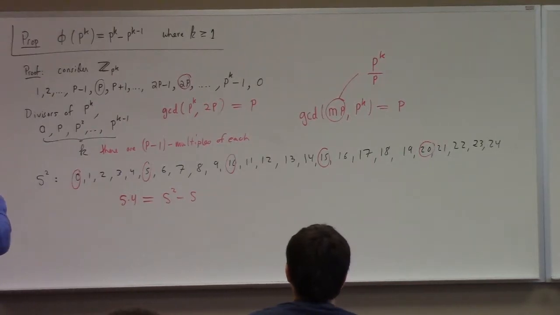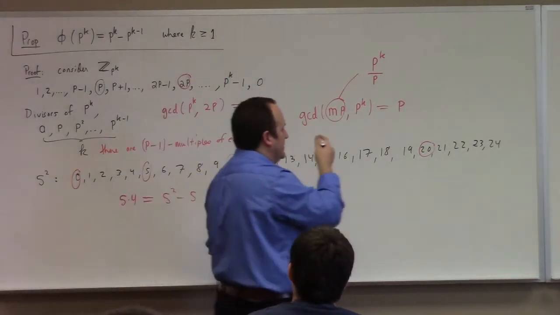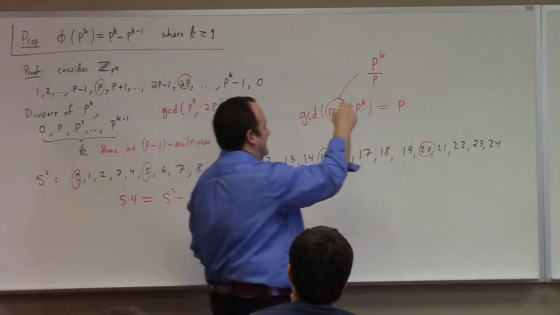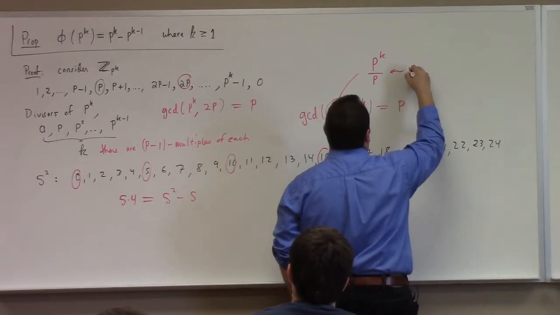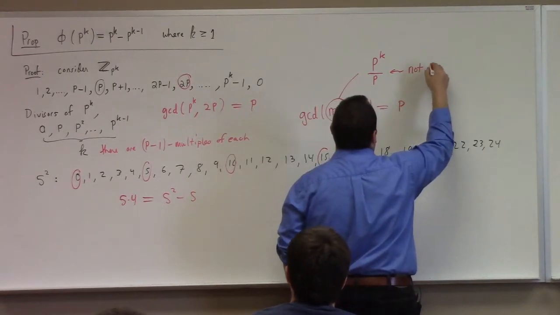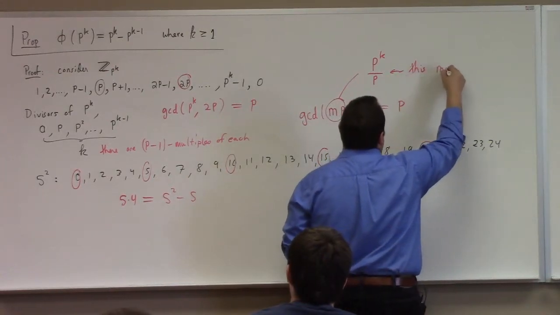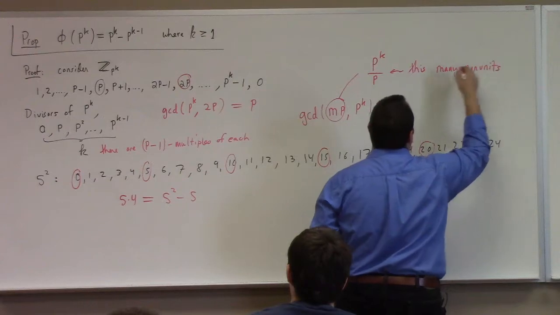So that's how many of them are not relatively prime. Then we subtract that from p to the k, and that's what we have. These are not relatively prime, this many non-units. Is that all of them?